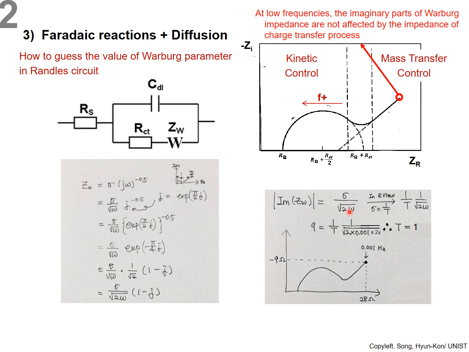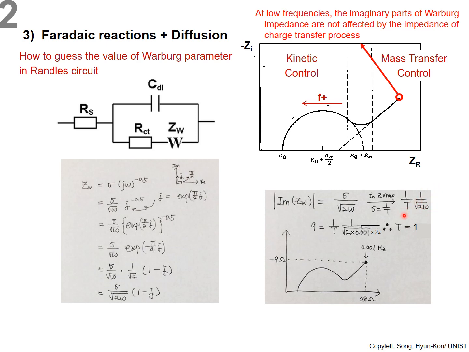And then in Z View, which is the software to fit the experimental data with the equivalent circuit model, sigma is defined by 1 over T. So in this equation, I'd like to use 1 over T instead of sigma. So the imaginary part of Warburg impedance is equal to 1 over T and 1 over root 2 omega.